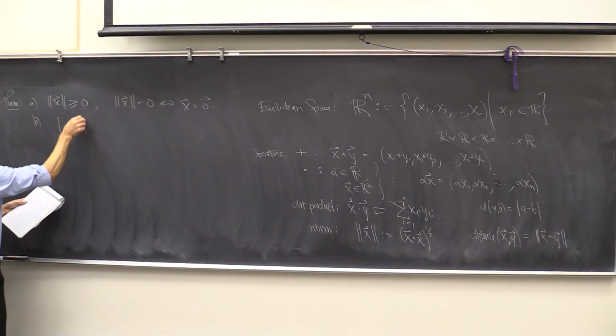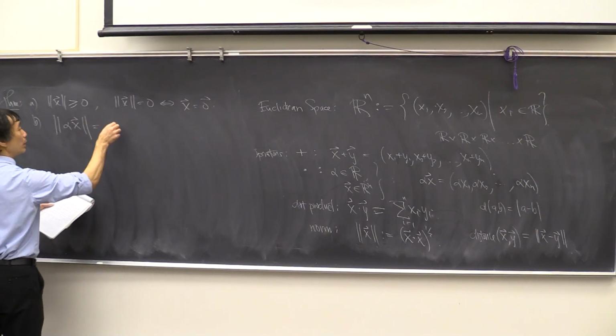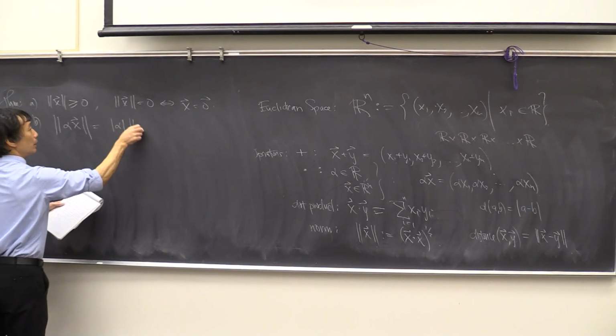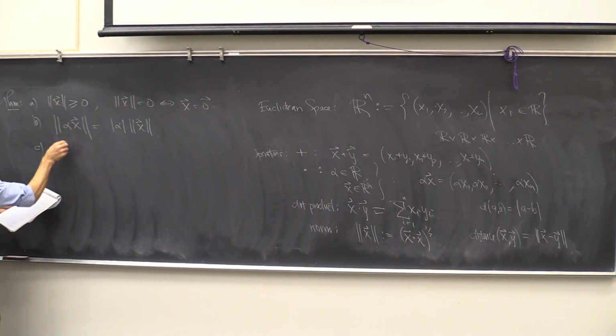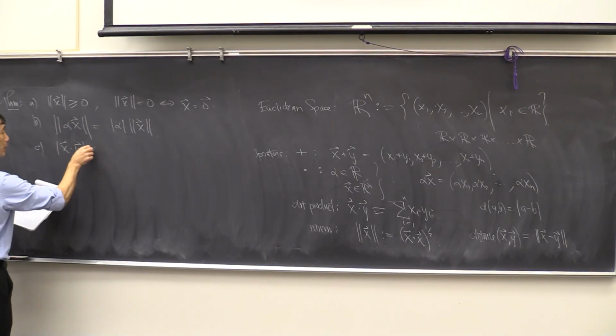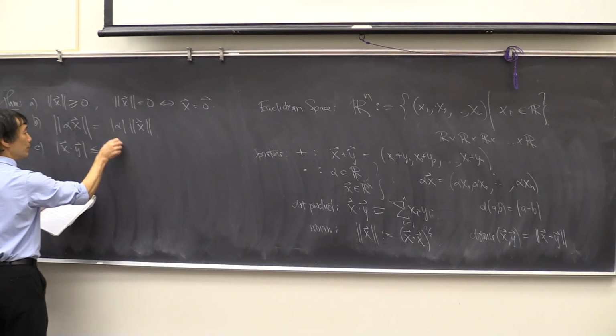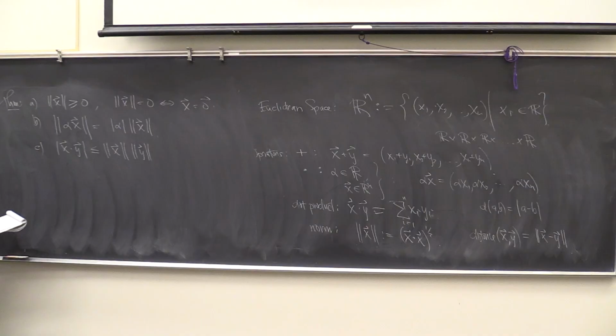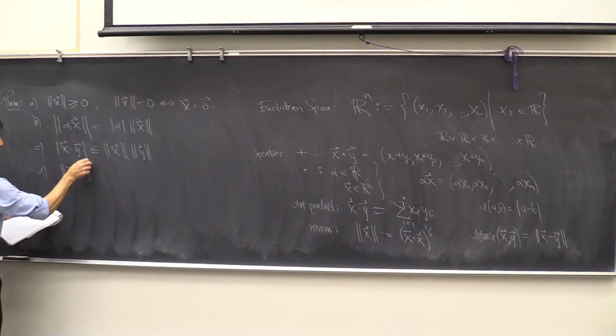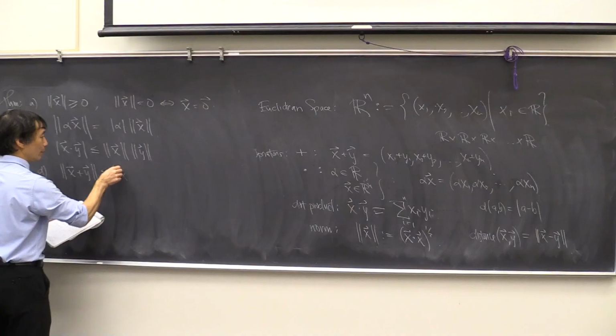If you scale a vector and then take the norm, you get the absolute value of the scalar times the norm of the original vector. There's a Cauchy-Schwarz inequality: the size of the dot product is controlled by the product of the norms. And there's a triangle inequality: the norm of the sum is controlled by the sum of the norms.